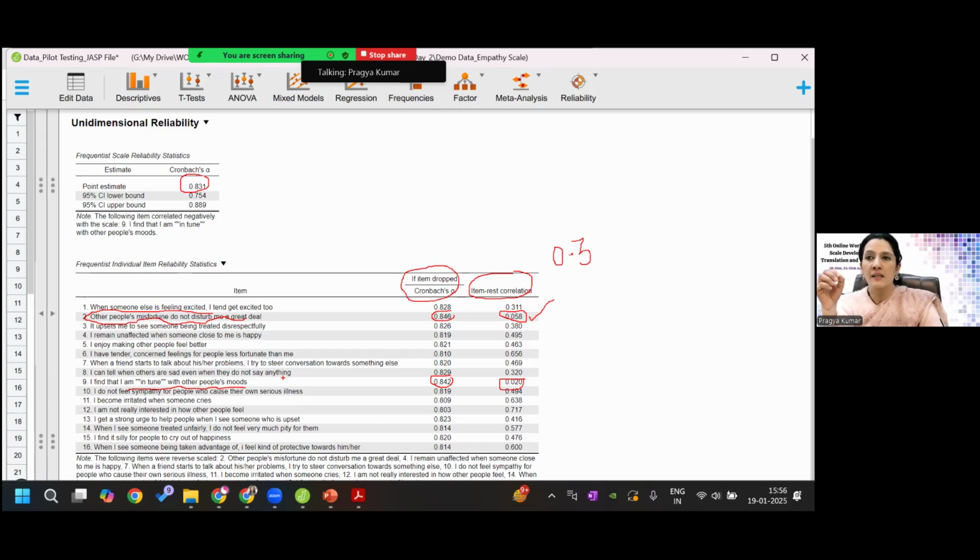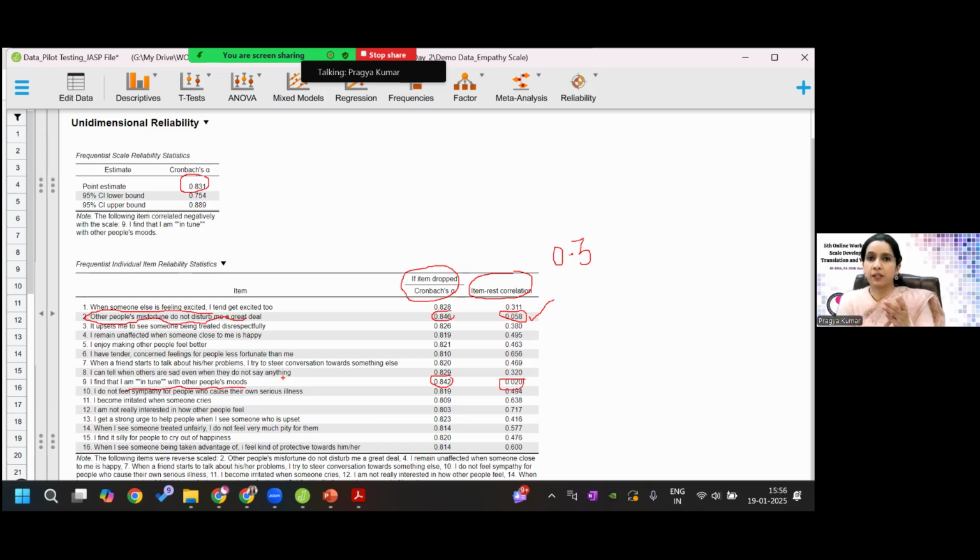And then again, whether to drop that item or to retain that item, that is up to you. Right now you just note it down because you are doing the pilot testing now. Probably with the larger sample, when you are doing the factor analysis, then you may reconsider this reliability. Currently, my scale is not finalized. I'm doing it only on a sample of 30 to 50 individuals.